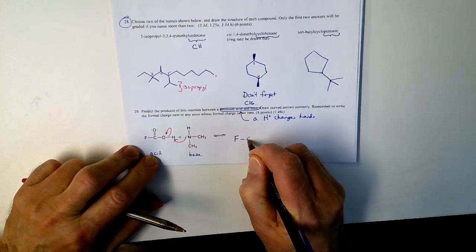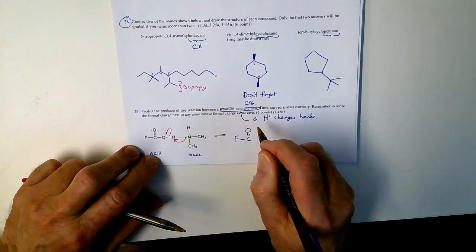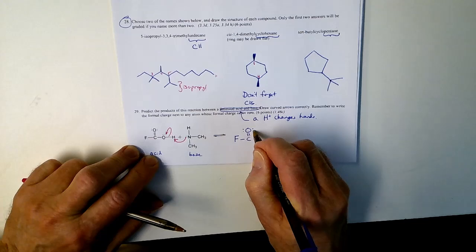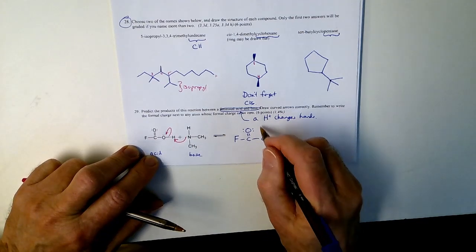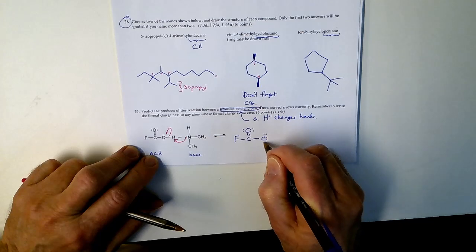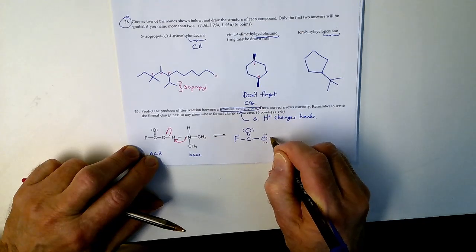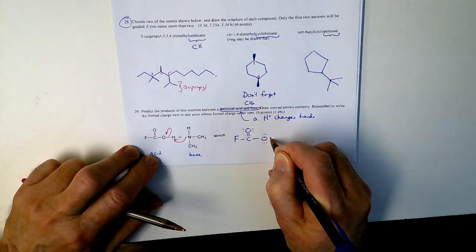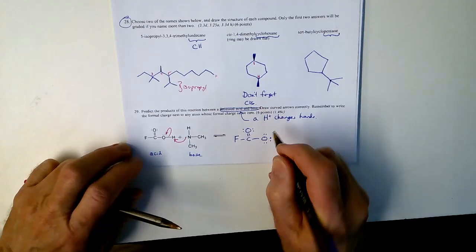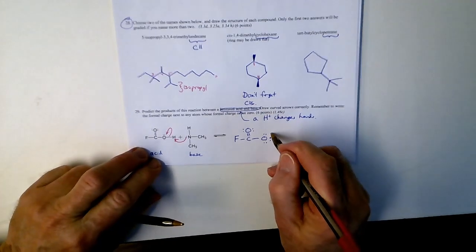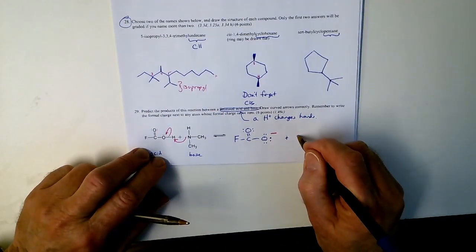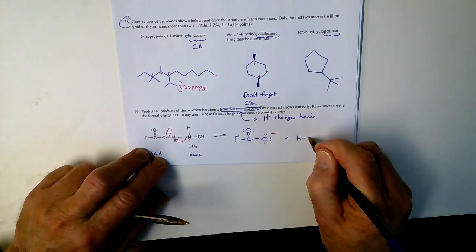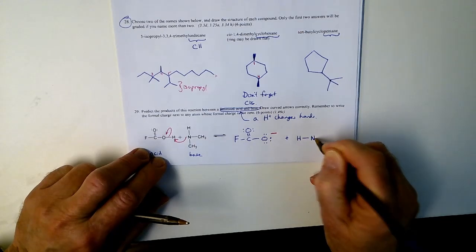Okay, now good news is, if you drew your curved arrows correctly, there's almost nothing to do over here. You just have to show the fact that where there used to be that proton, you now have the pair of electrons. It was the bond that held the hydrogen in place before the hydrogen left. Negative charge right there. And now there's going to be a new bond between the base and the hydrogen.